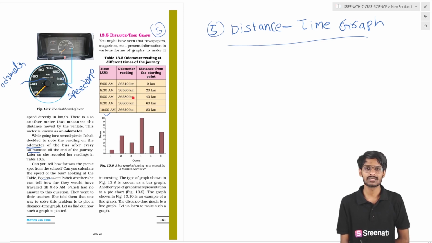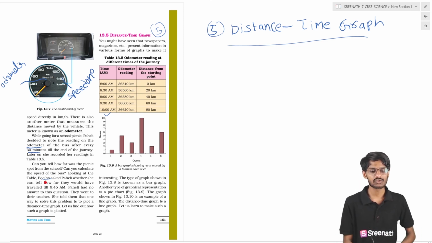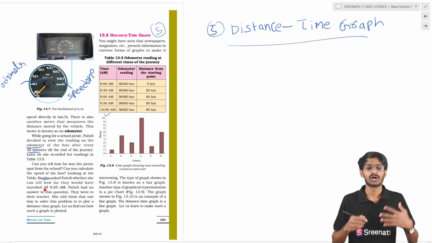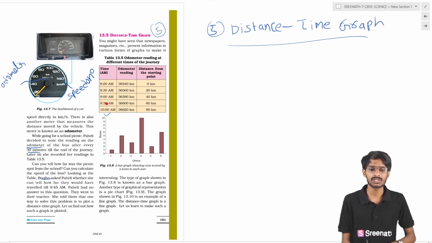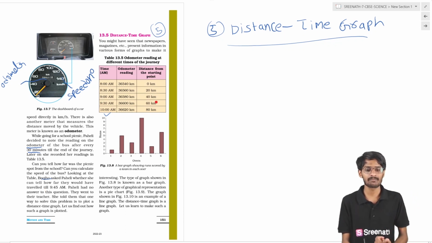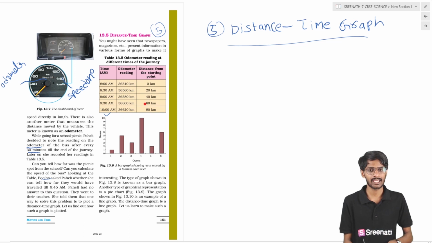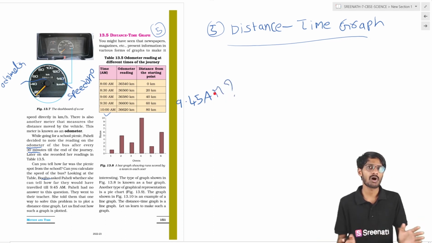After that, seeing this table, Bojo asked Pehli: you know the distance traveled by 9:30 a.m. and the distance traveled at 10 a.m., but what is the distance traveled at 9:45 a.m.? For this question, Pehli has no answer. Why?